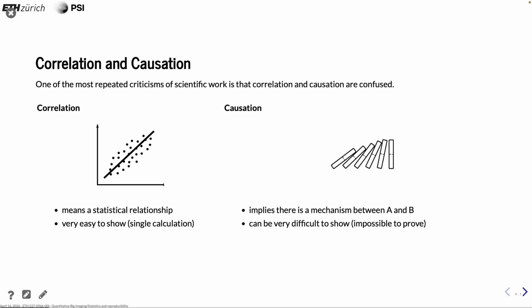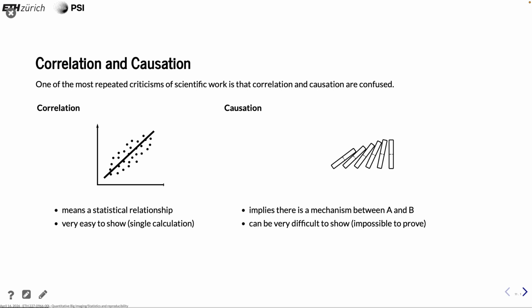There are different ways of doing investigations. You can have a correlation experiment, which means that you just measure, observe something, and you look for a statistical relationship between different variables. It's very easy to show. Just a single calculation, you get the correlation between different classes.